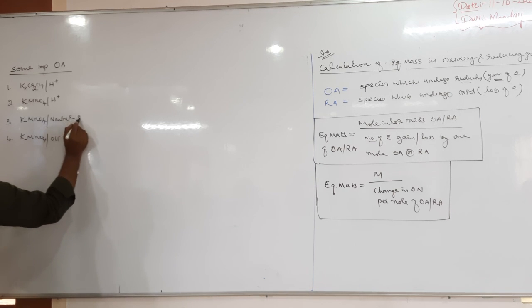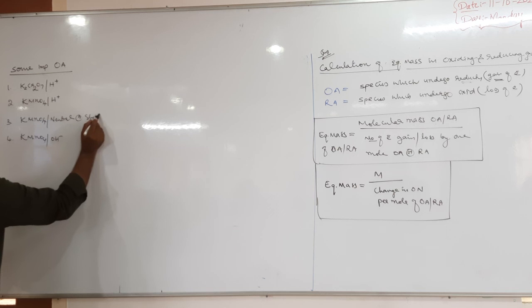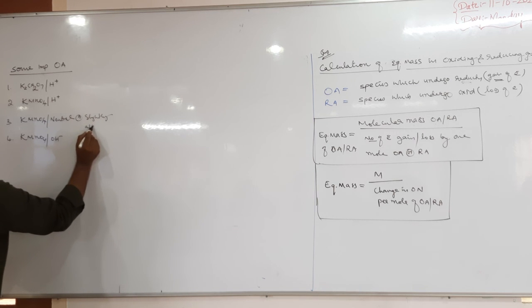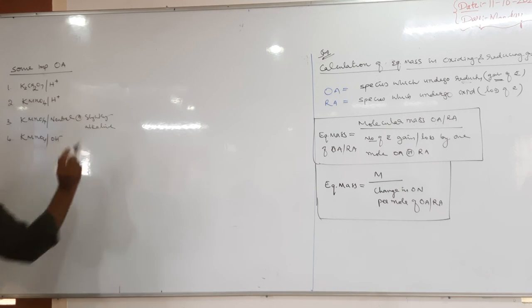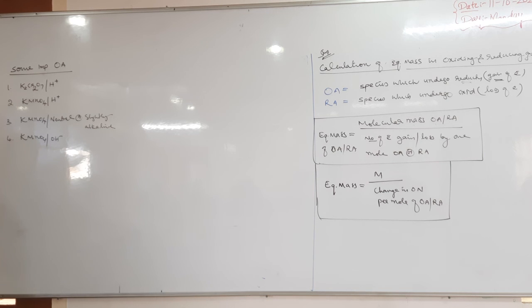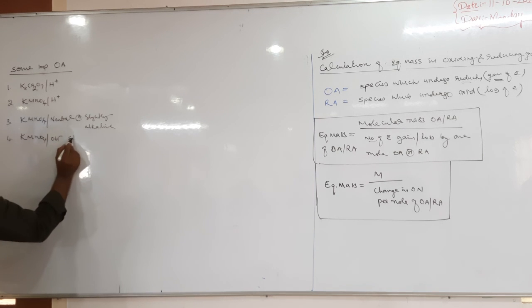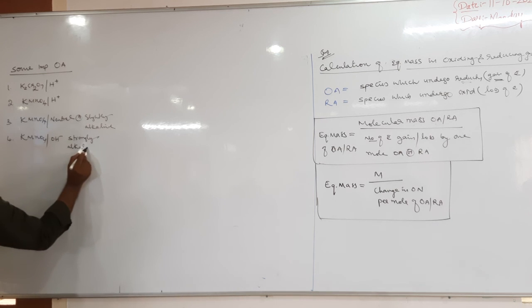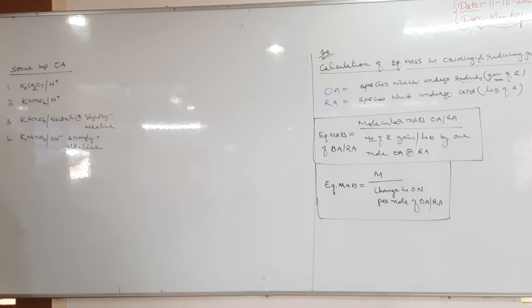It is neutral medium, or you can also take slightly alkaline, or strongly alkaline medium. That means potassium dichromate can act as an oxidizing agent in only one medium, that is acidic medium, whereas potassium permanganate works in three media: acidic, neutral, basic.